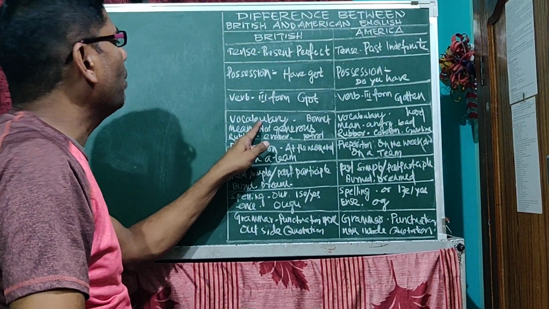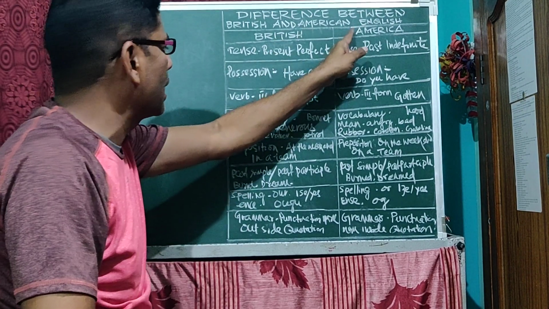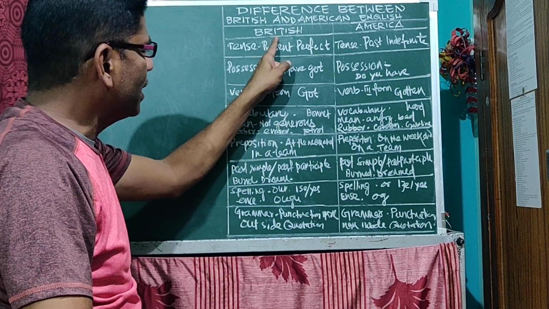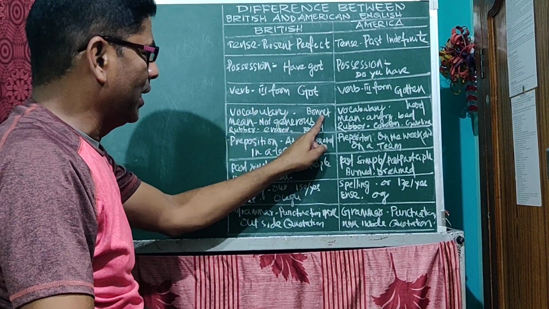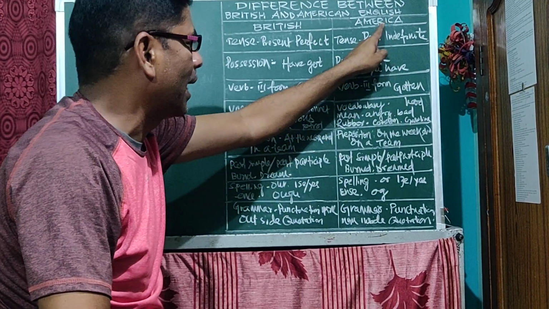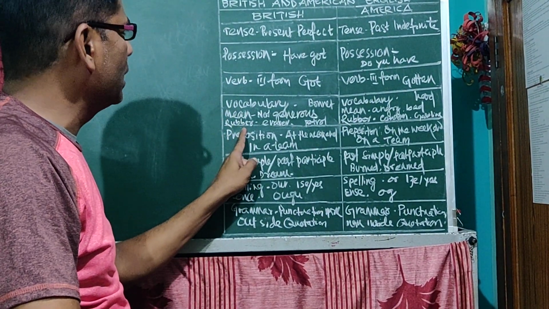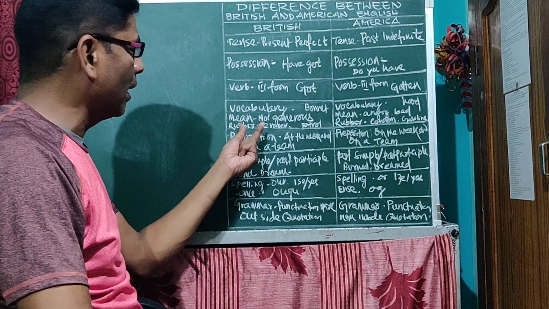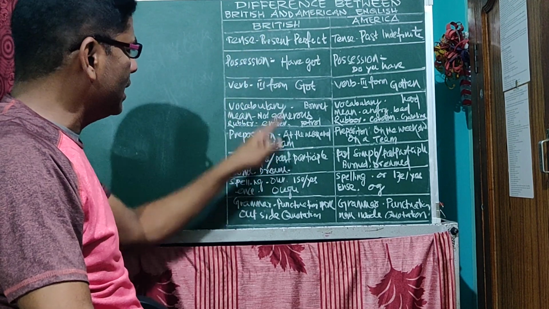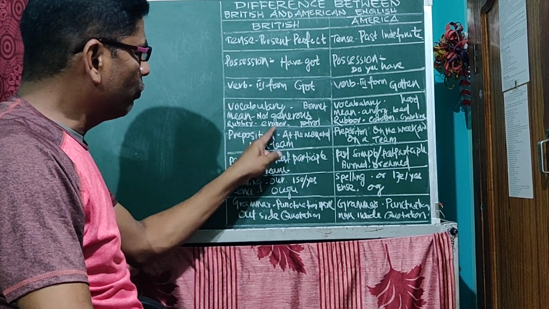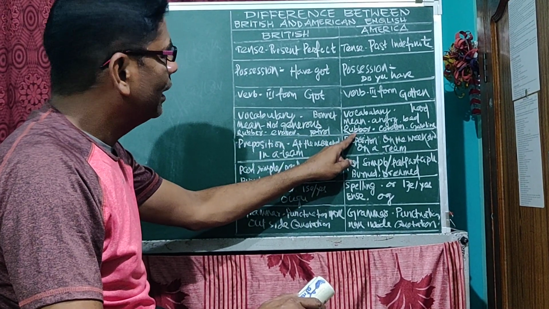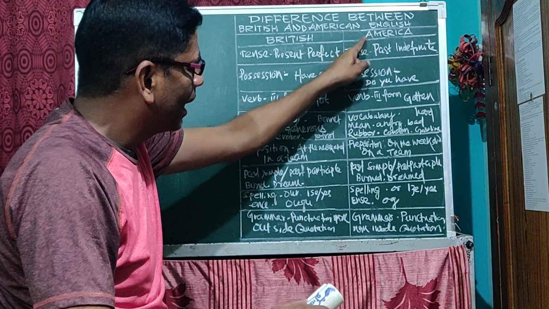Now, some vocabulary differences between British English and American English. The Britishers use bonnet, whereas it is used as hood in America. And there is some difference in the meaning of the same word rubber. The meaning of rubber in British English is a tool used for erasing a pencil mark, whereas the meaning of the same rubber in America is a condom.